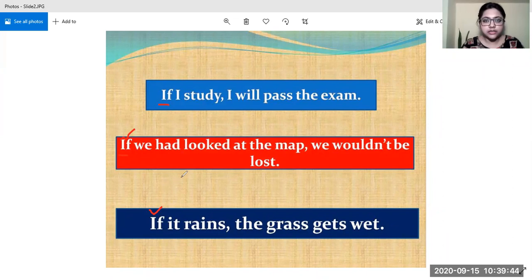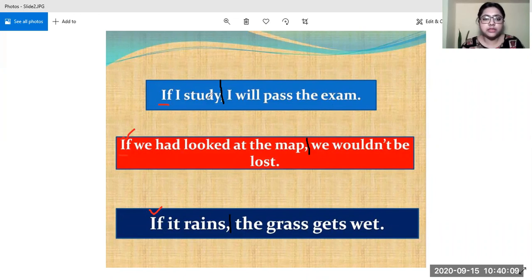What are the two parts in these sentences? If I study is one part, while I will pass the exam is the next part. Similarly, if we had looked at the map is one part, and we wouldn't be lost is the second part. Likewise, the third sentence also has two parts: if it rains, and then the grass gets wet.